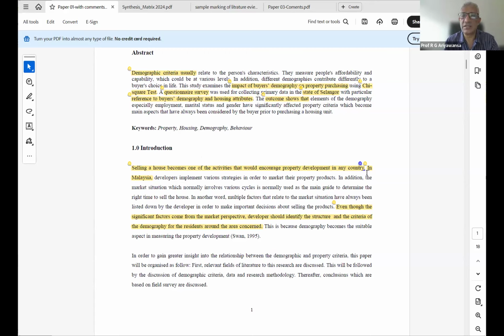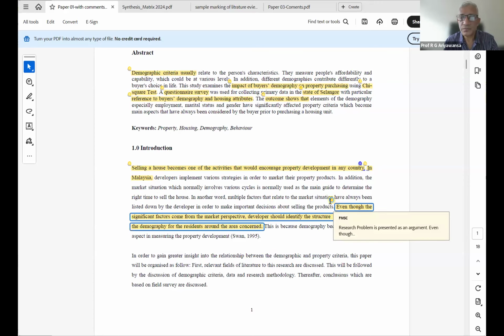The second sentence, in Malaysia, comes to the specific context. Now they are doing their research in Malaysia, so they are developing the focus.